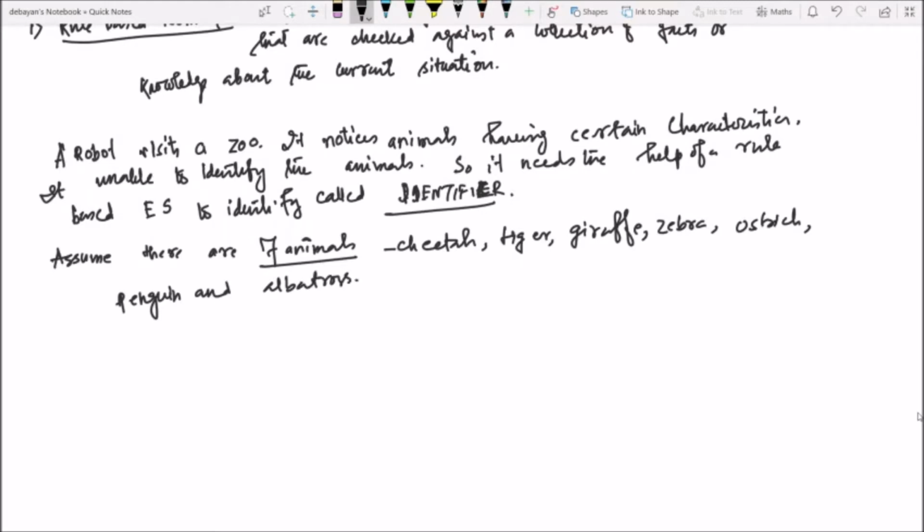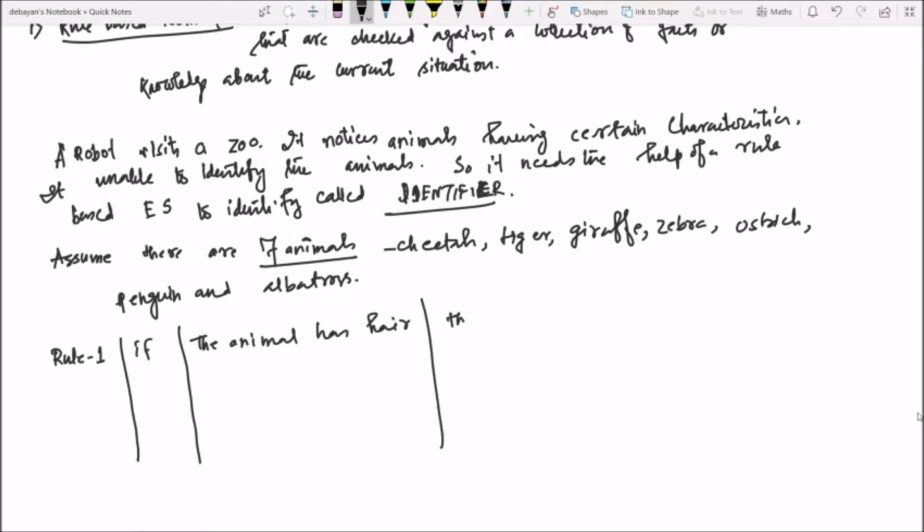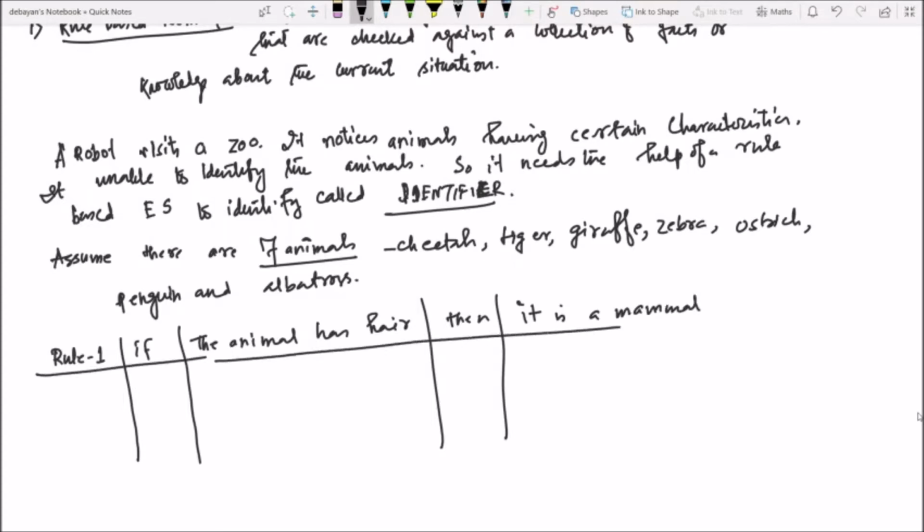So the thing is how we can design the expert system. I am just writing some rules. If we write the program like that, rule 1 has an if statement, say the animal has hair, then the result is it is a mammal. We have to design such a set of rules to define the particular animals.